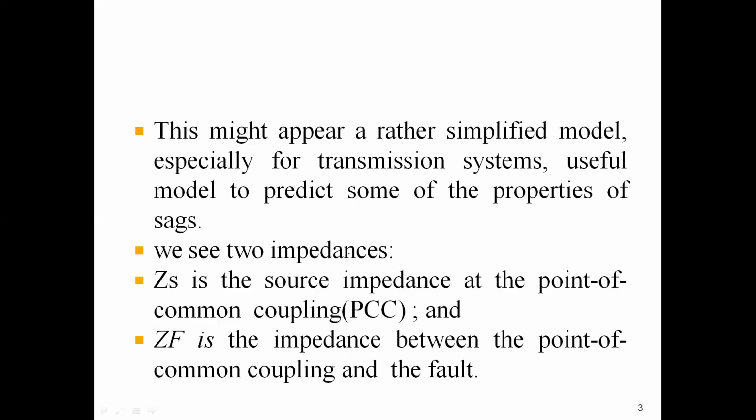ZS is the source impedance at the point of common contact, or you may also call it the point of common coupling, and ZF is the impedance between the point of common coupling and the fault.